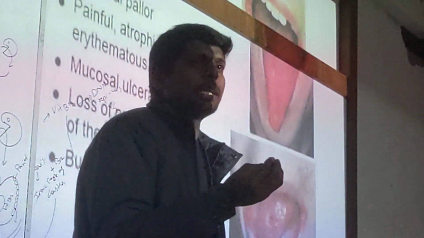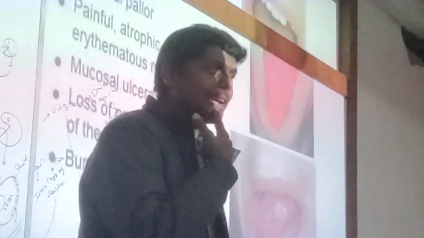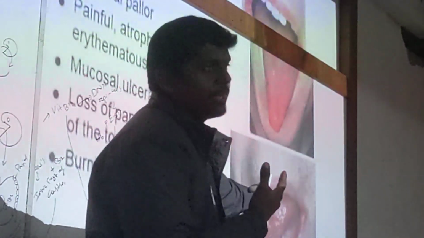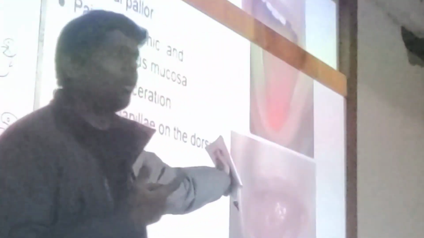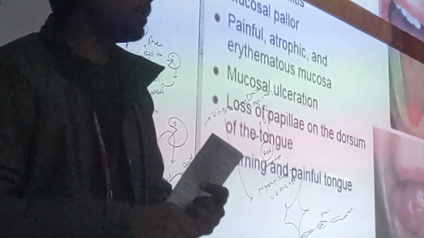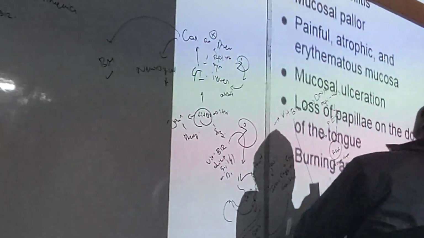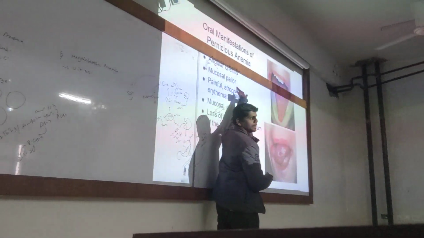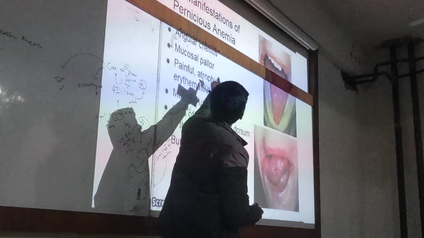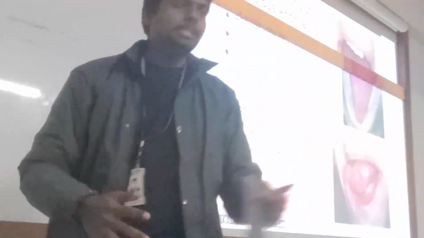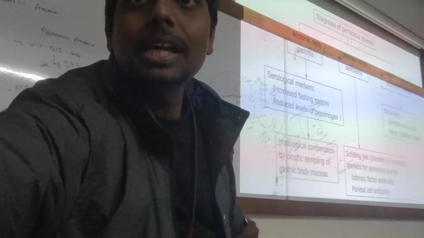Discoloration of mucous membranes can be seen in the eyes and in the mucosa, like the tongue. Okay, this is an indication of pernicious anemia. Mucosal pallor. That's it. This is all about pernicious anemia.